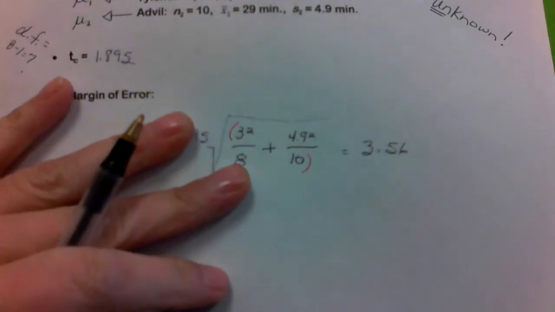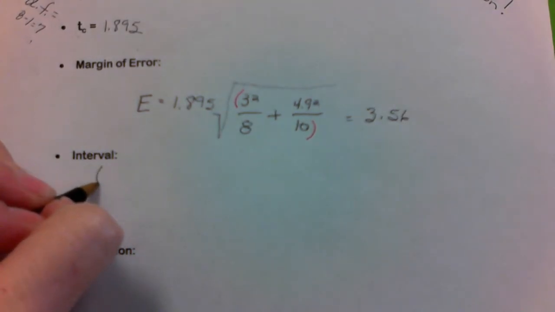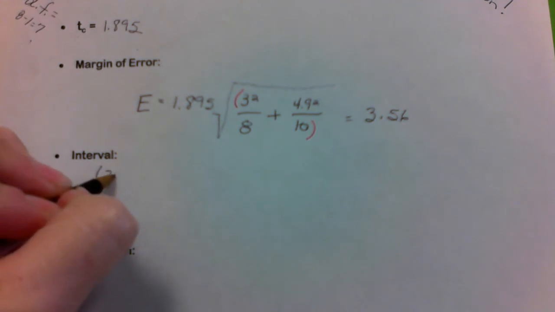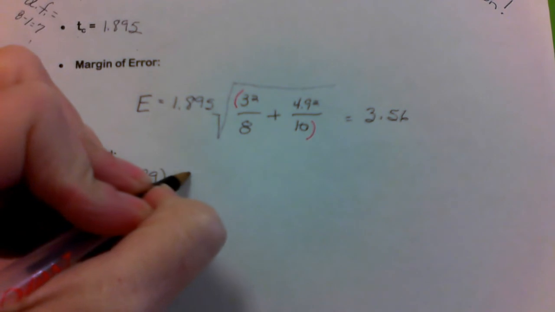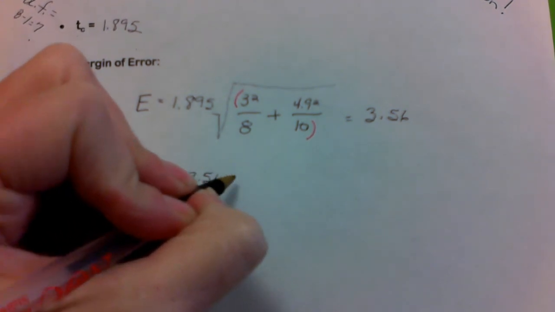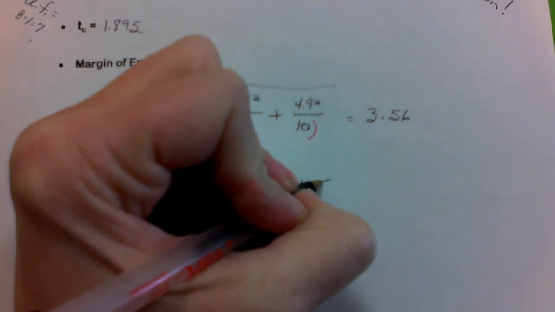So now we can create the confidence interval, which is X bar 1, 24 minus X bar 2, 29, minus 3.56. And we're estimating the difference of mu1 minus mu2.